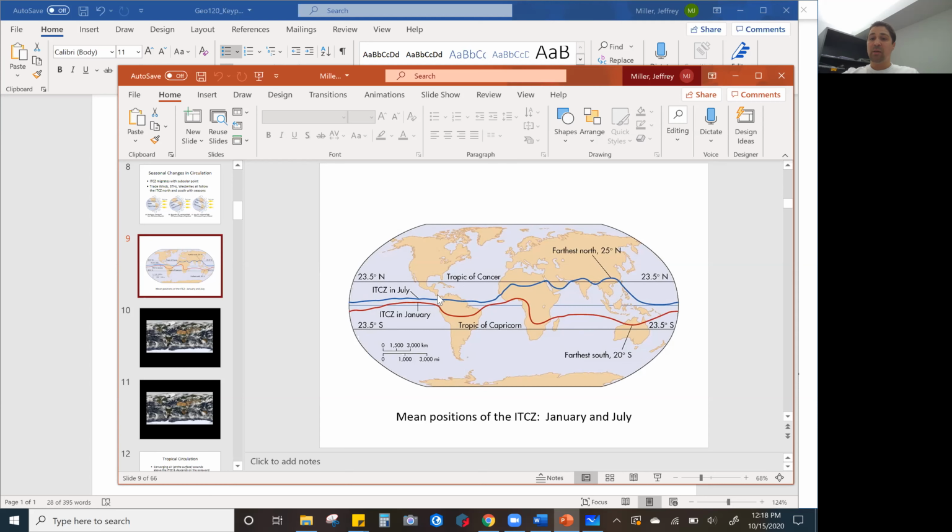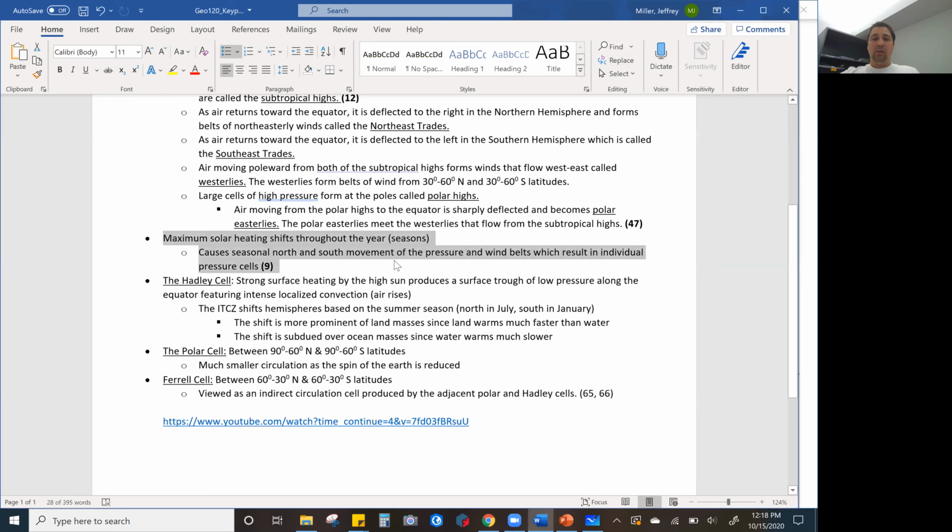I mean, there's similar climates, but yeah, because of where the ITCZ ends up being during various seasons throughout the year.